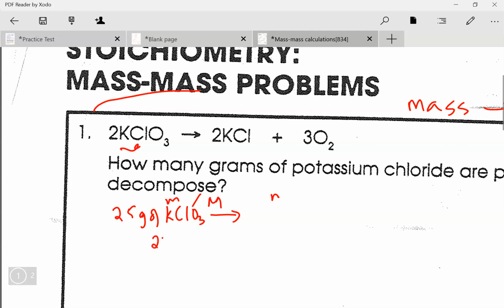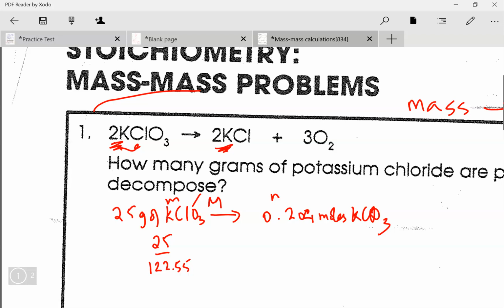So I'm doing 25 divided by 122.55, which is equal to 0.204 moles of KClO3.